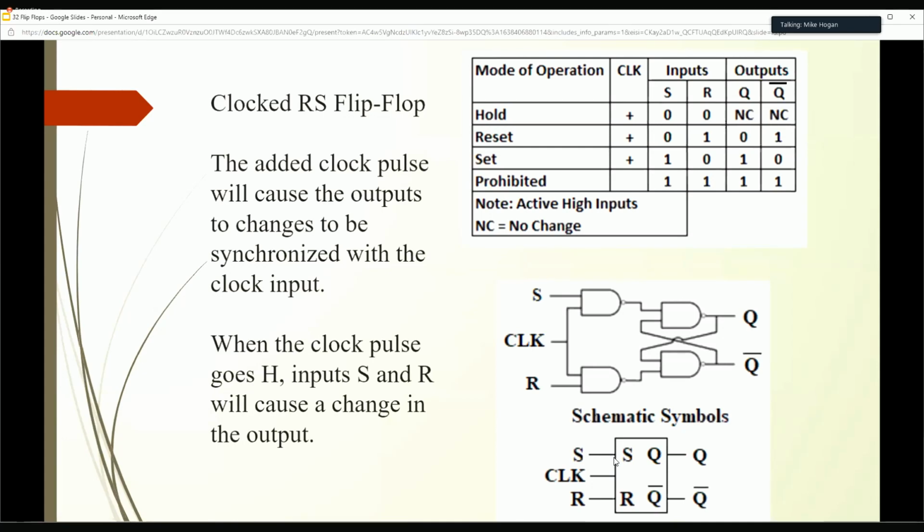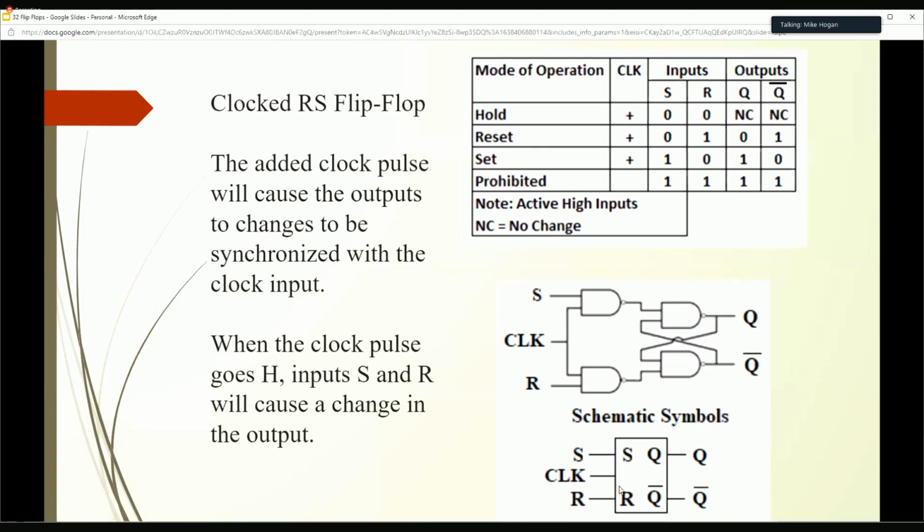There's no state indicator here indicating that they're active low, so they're both active high. If I get a 0 on set and a 0 on reset, that's the same as we had before in terms of no input active, and therefore there's no change. It's a hold, right? Whatever Q was before, it's going to remain that way.